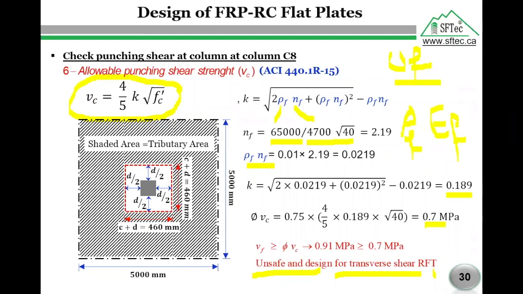So it dropped this factor from the equation. I highly recommend using the Canadian standard equation instead of the ACI in punching shear design. This is my opinion. And if you go and read any publication on punching shear behavior for flat plate structures reinforced with FRP bars, you will see this.